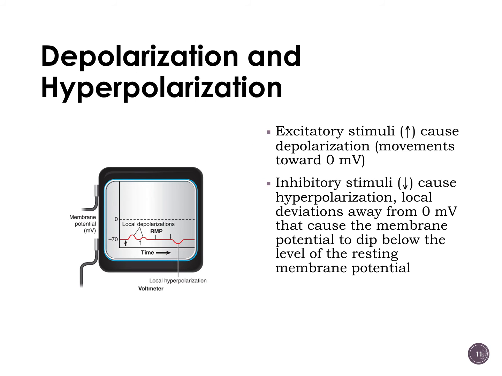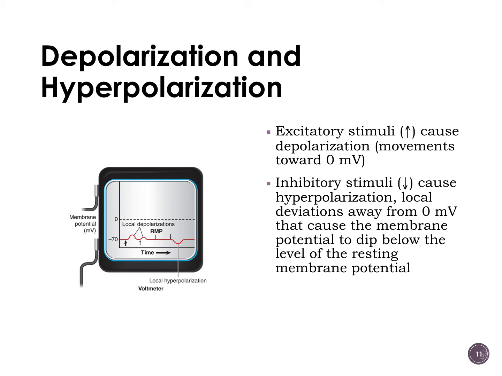Now we talked about depolarization and hyperpolarization, so that excitatory stimuli is causing depolarization. So it's moving towards 0 millivolts. As you see on this depiction here, we have that resting potential as the red line, and those local depolarizations. They're not moving all the way up to 0, but they are causing a wrinkle in that line that we're seeing as the depolarization.